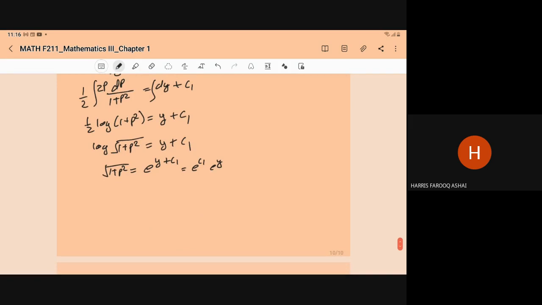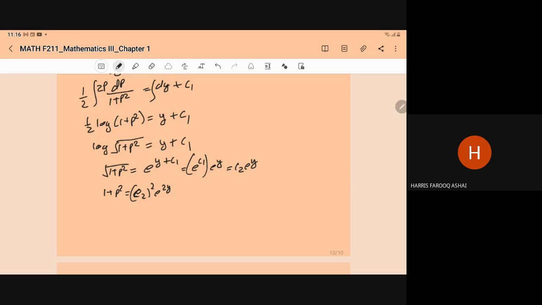So here we have e to power c1 into e to power y. Now you can say it is c2 e to power y. This is the constant, so now you can say e to power c1 is a constant. When we square on both sides, you will get 1 plus p square is equal to c2 whole square e to power 2y.